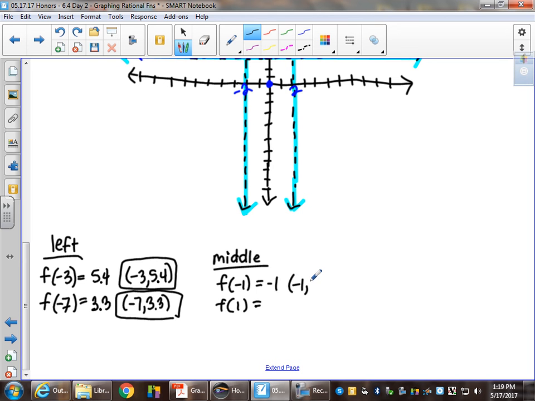So that's negative 1 comma negative 1. And then f of 1 is also negative 1. So that's 1 comma negative 1. Graphing those points, negative 1, negative 1, and then 1, negative 1.